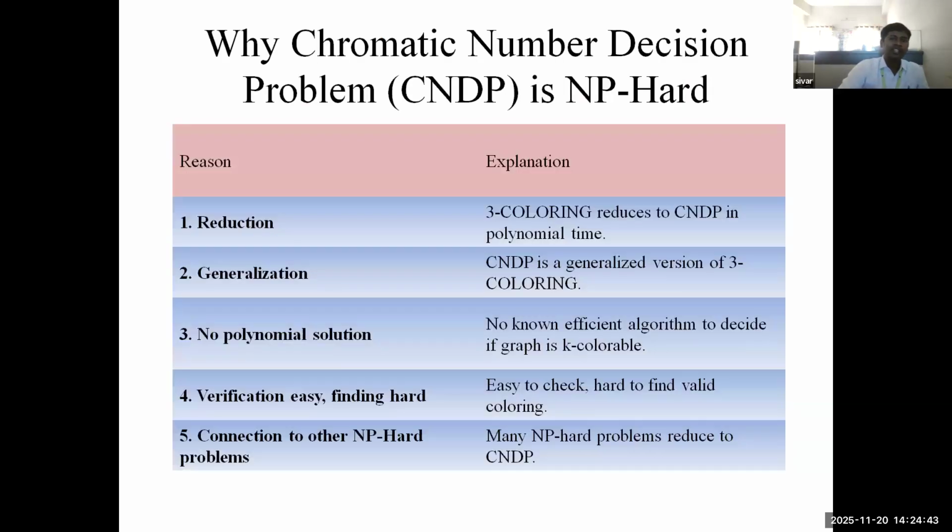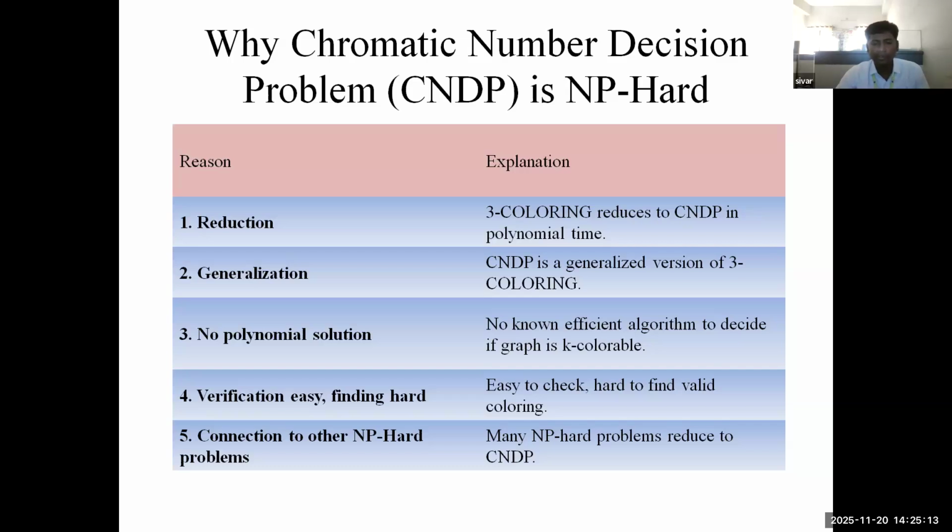Next, the question is why the chromatic number problem comes under NP-hard problems. How can you say that it is an NP-hard problem? There is no polynomial solution for calculating graph coloring, and no efficient algorithm to decide if a graph is K-colorable, although it is easy to check a valid coloring.